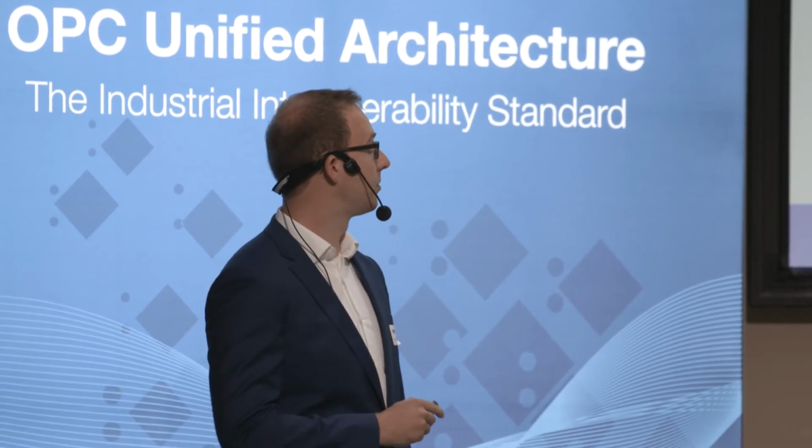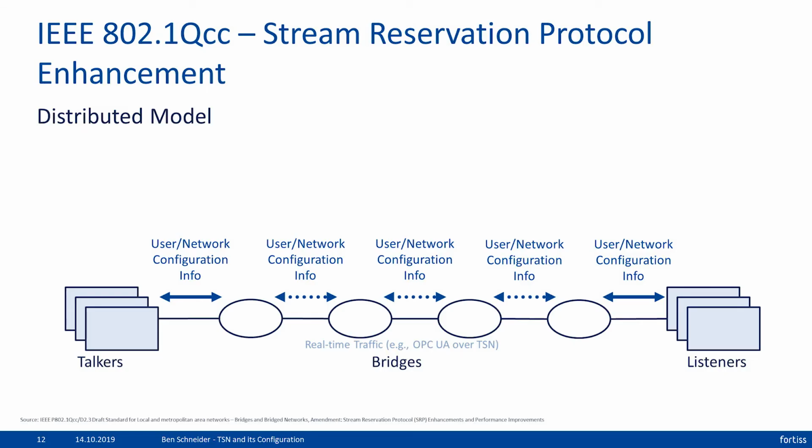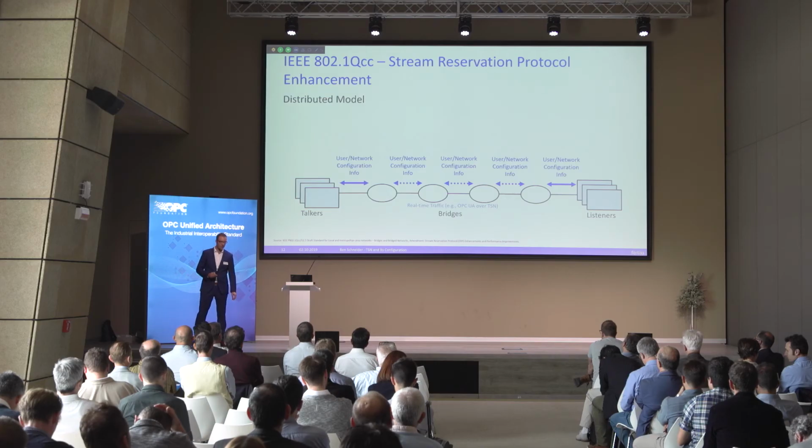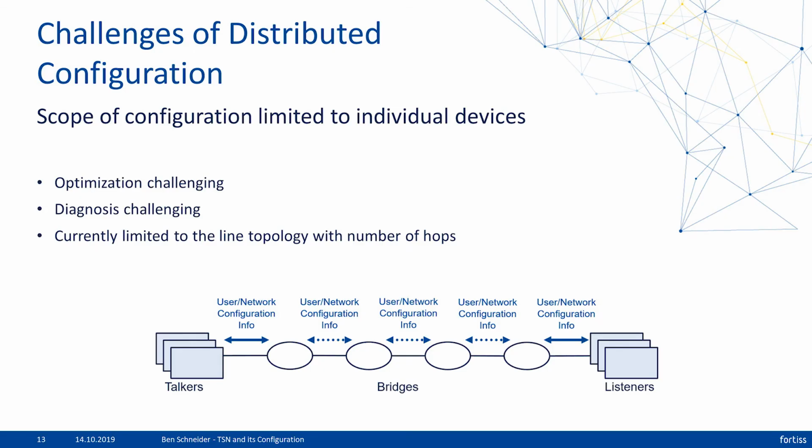So the talker sends a packet with the requirements to the first bridge, which will receive it, parse it, and configure itself, and then it will be forwarded to the next bridge, which will also configure itself, and so on and so forth. You do this on every bridge on the path, and in the end, you will have a complete reservation of bandwidth from your talker to the listener.